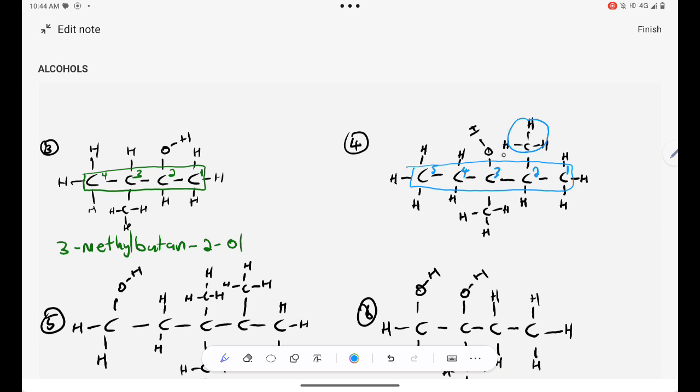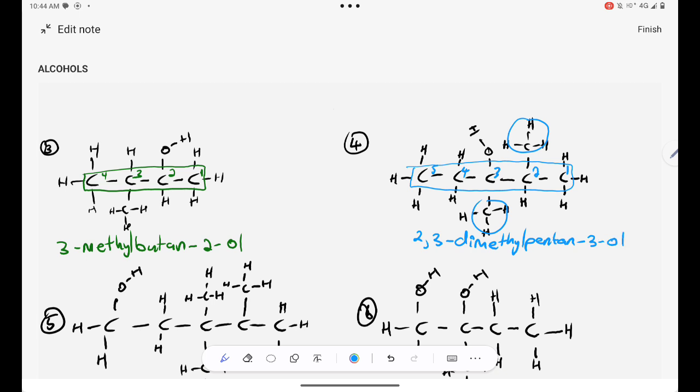I need to mention the side chains first. I know that at carbon number 2 as well as carbon number 3, I have my 2 side chains, and hence I'll simply write dimethyl. The parent chain has 5 carbons, so the prefix will be pentane. Since the OH ion is at carbon number 3, it will be pentan-3-ol.